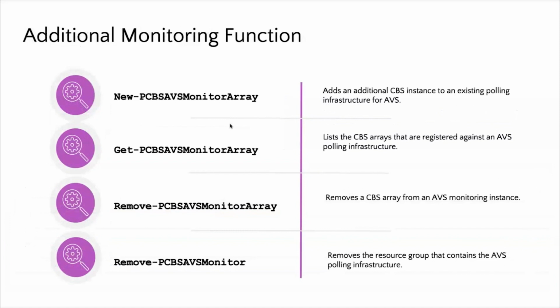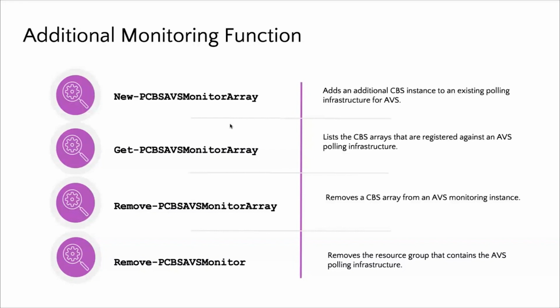A couple of additional monitoring functions you need to be aware of. Once the polling infrastructure has been created, there are many other scenarios where you might need to add a CPS array to the cluster, meaning to a single EVS instance.